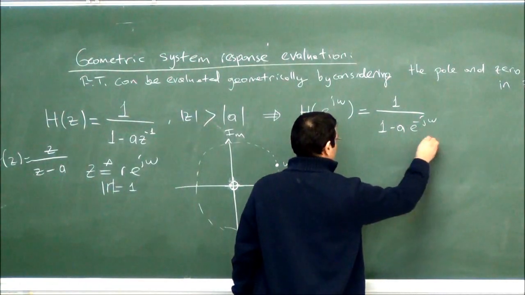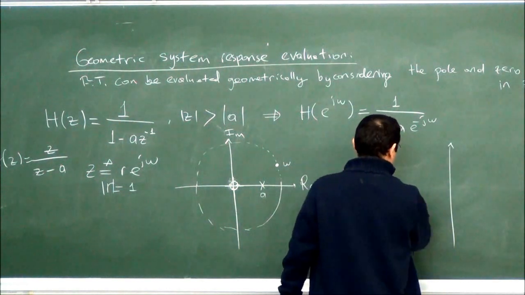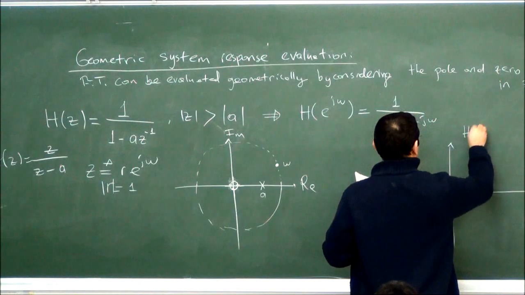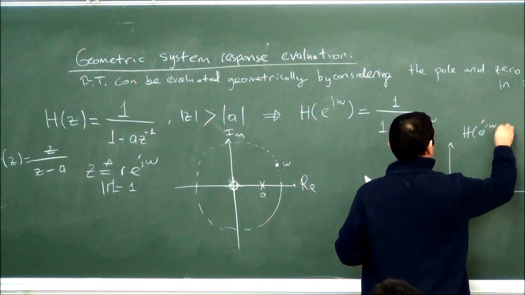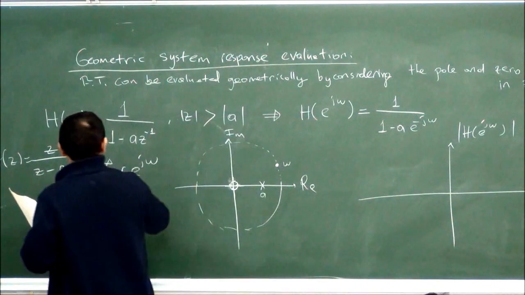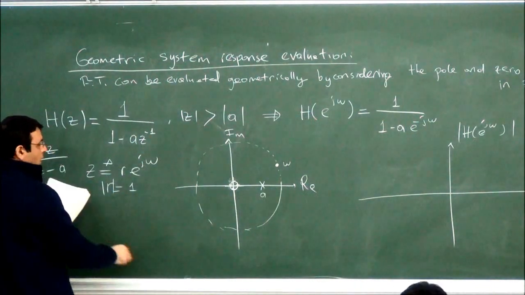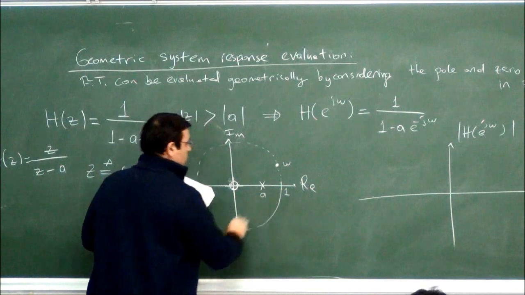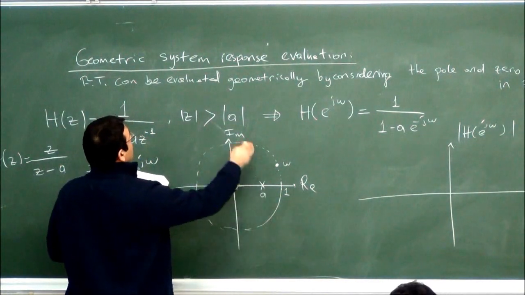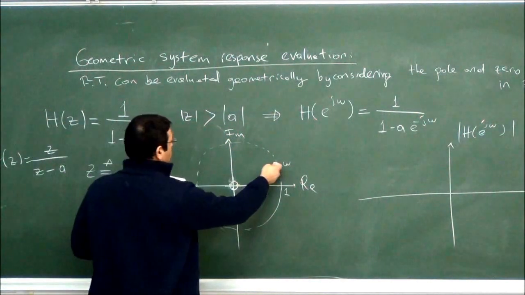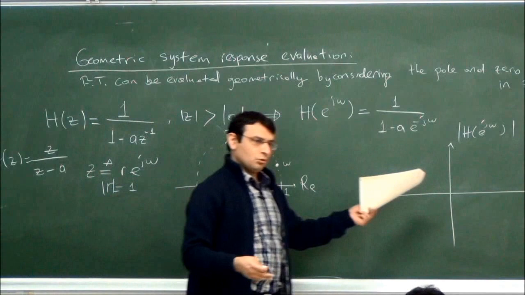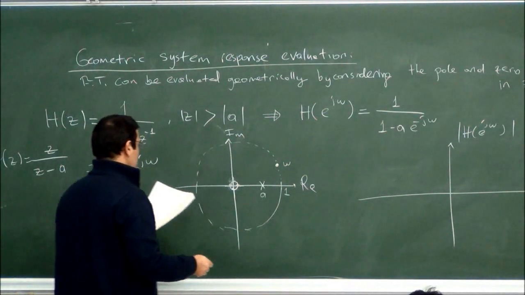This is the magnitude response of your system, at e to the j omega. By choosing r equal to 1, we get a unit circle, and if you evaluate your point on this circle, you will get the magnitude response. So you can do this geometrically.